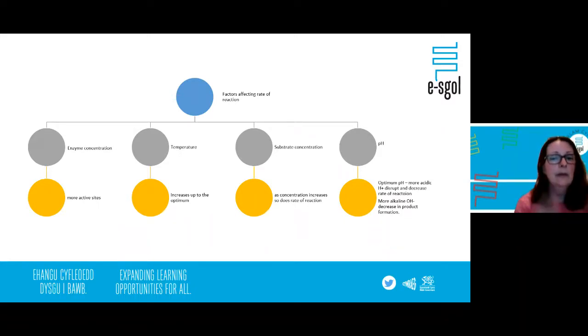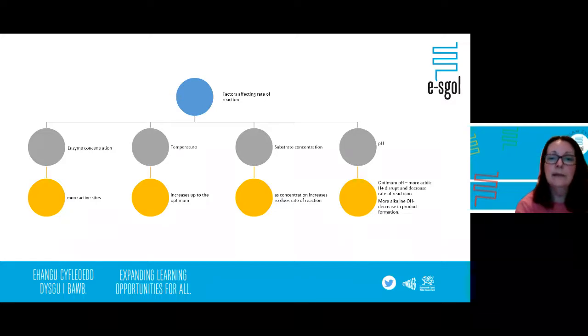You might be familiar with temperature and pH. These are factors that you should know from GCSE. But enzyme concentration and substrate concentration are probably new ideas that you've talked about this year at AS level. So let's have a look at how these factors might affect the rate of reaction.